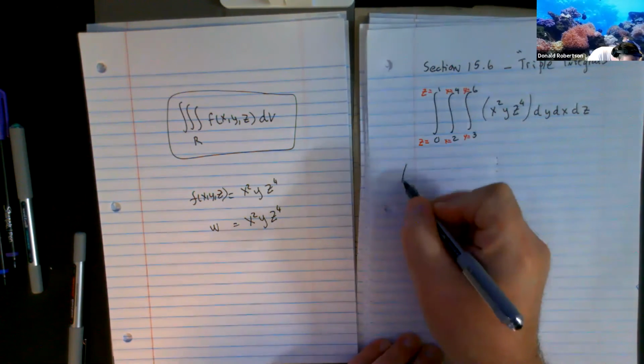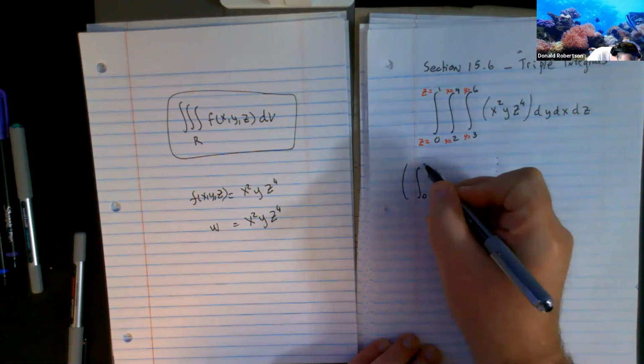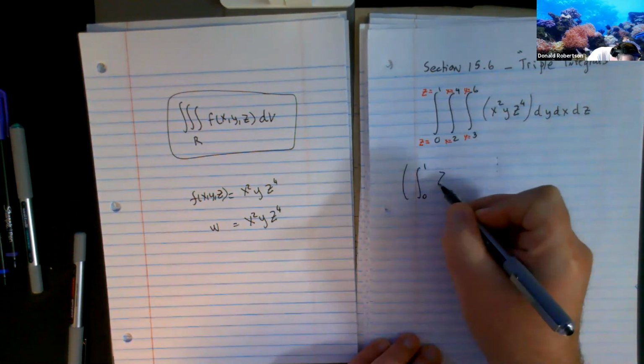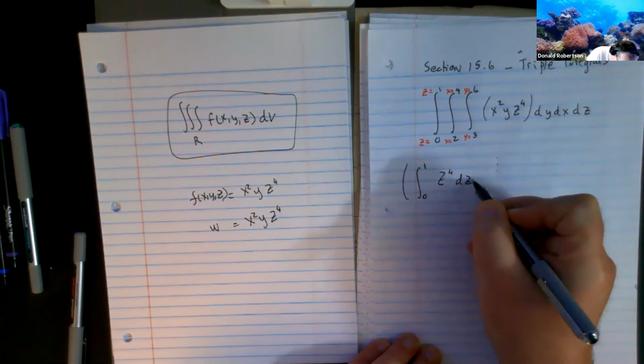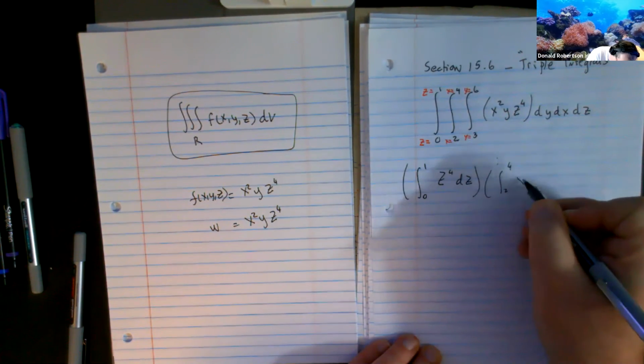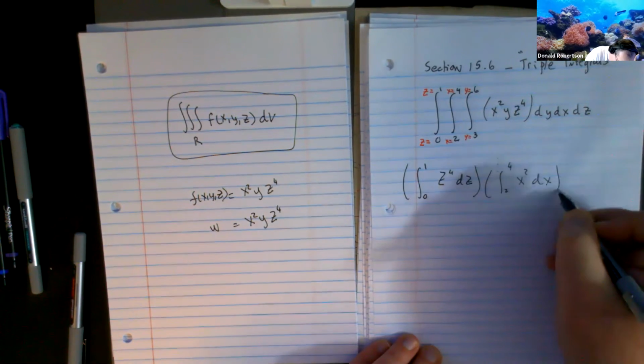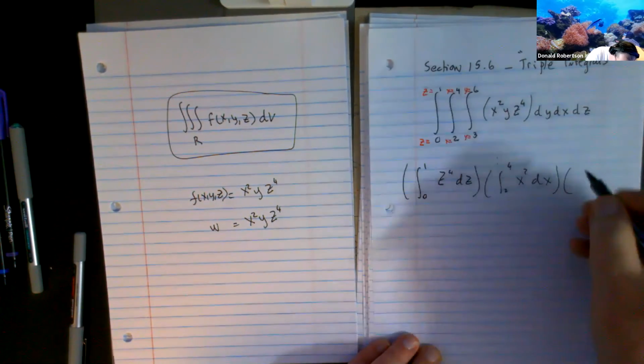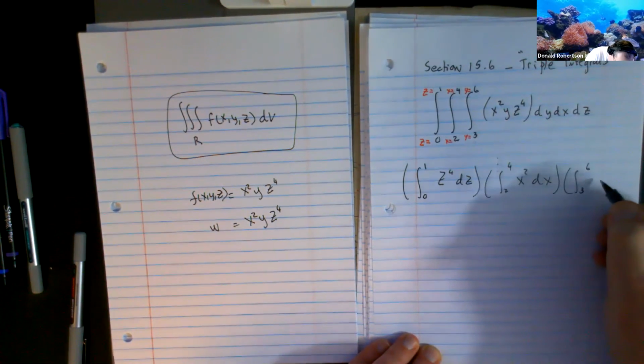And if I was, I would do z goes 0 to 1 and do a z to the 4. And I do x equals 2 to 4, and I do an x squared. And then I do a y equals 3 to 6, and a y dy.